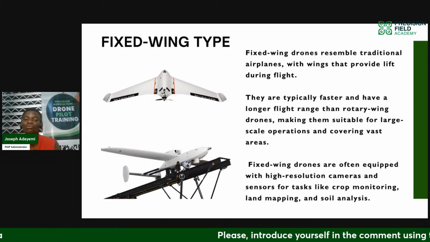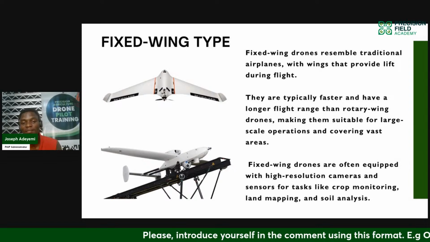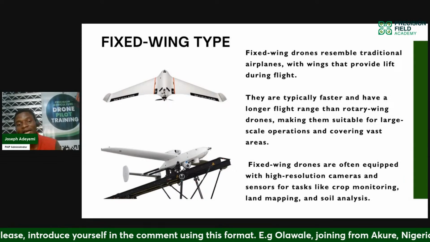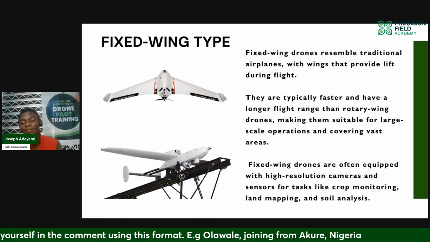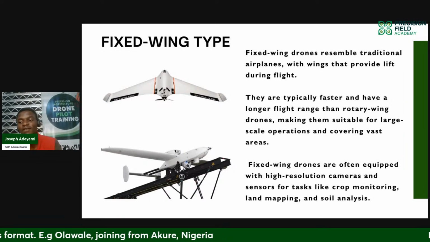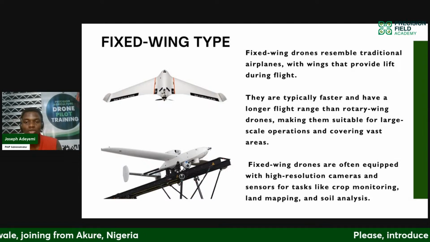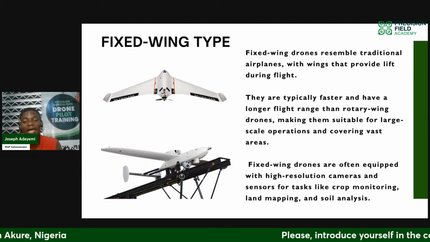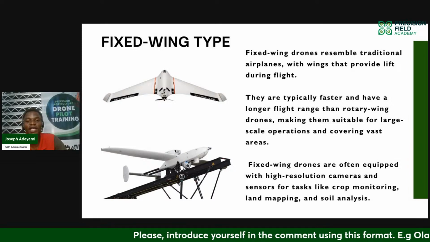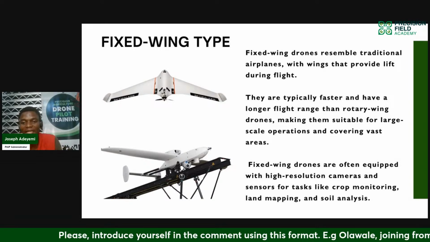So if you want to do hectares of farmland, maybe 10,000 hectares, for crop inspection, farm mapping, surveillance, it will be good for you to use a fixed wing drone to carry out this operation, because it gives you the leverage to cover vast land.